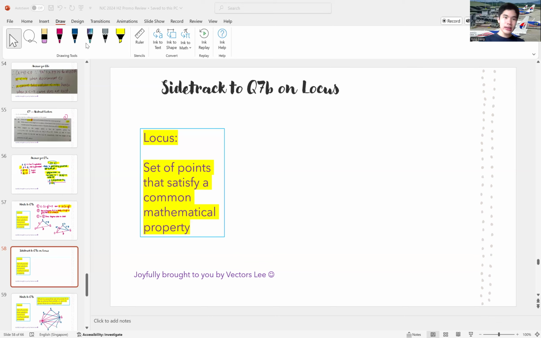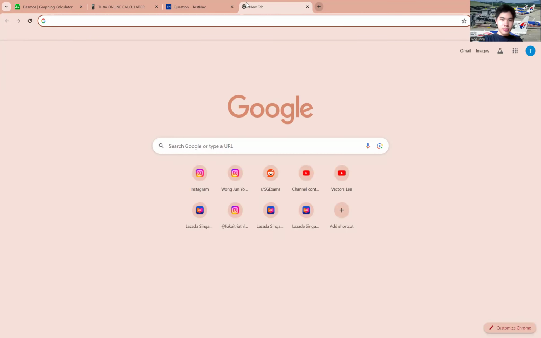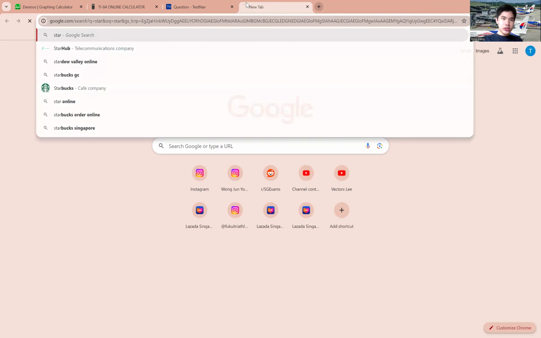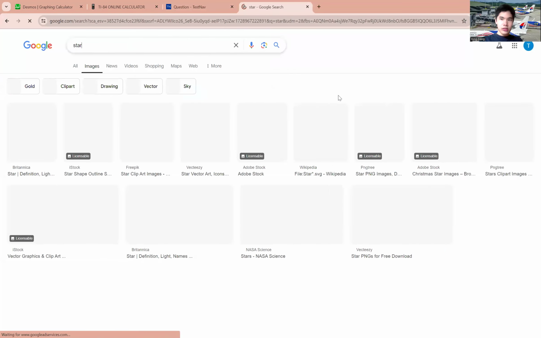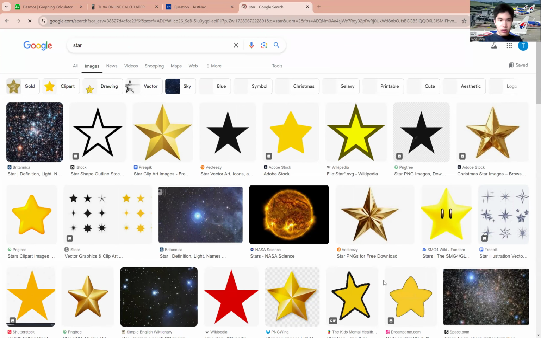Let's say I'm going to copy paste an image. I'm going to search for the image of something and copy paste it.